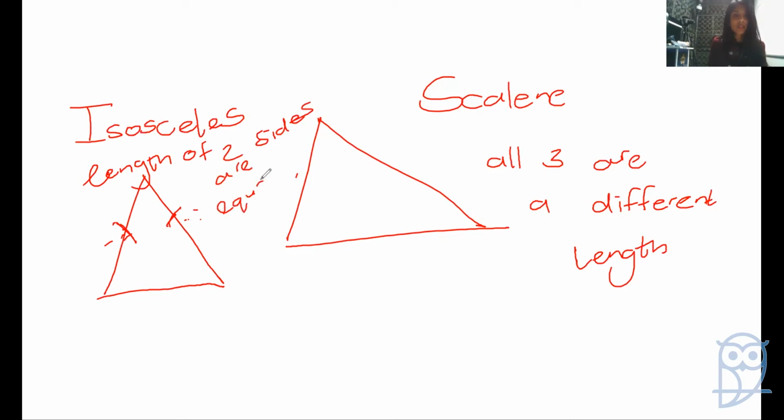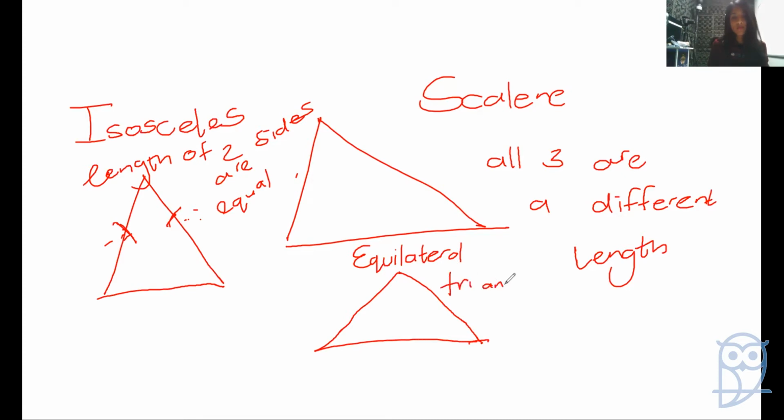Okay, then we get an equilateral triangle. What do we know about an equilateral triangle? We know that the lengths of all 3 sides of the equilateral triangle are equal. Okay, the lengths of all 3 sides are equal.